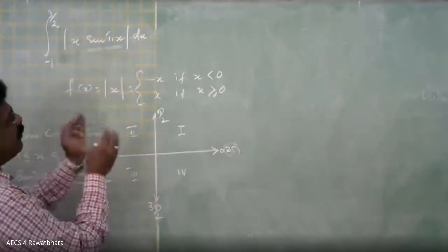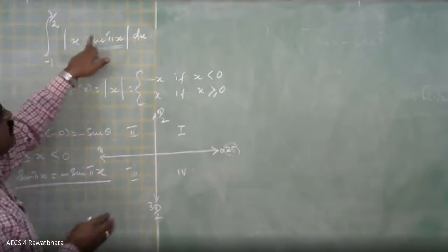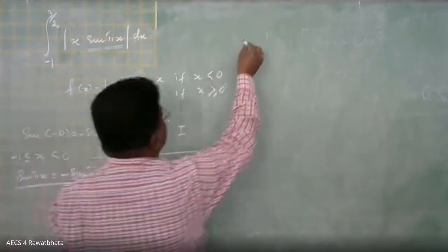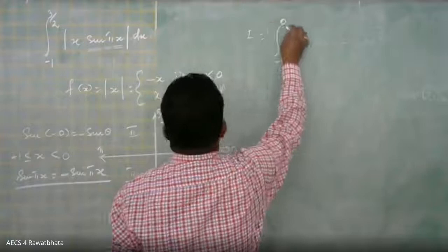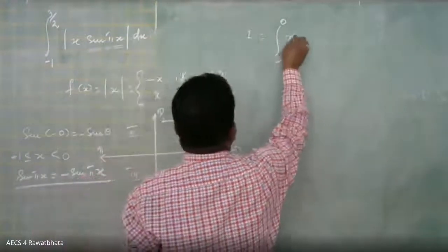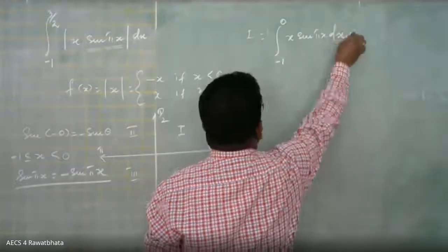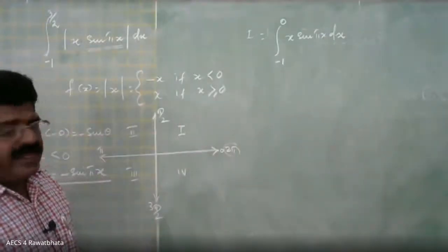So the product of two in this interval minus 1 to 0 is minus, minus, plus. Correct? So here the integrand from minus 1 to 0, that is x sine pi x, is positive.